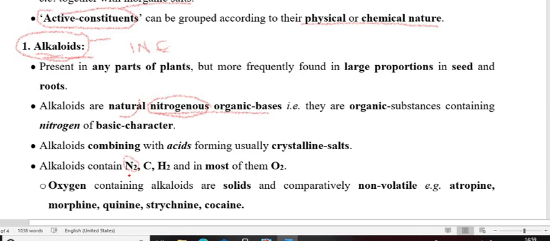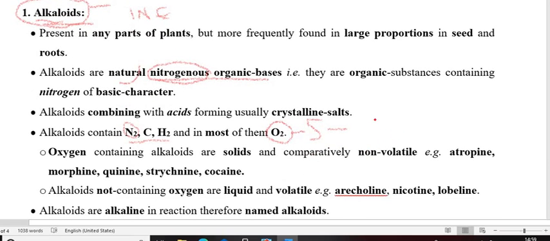Along with this nitrogen, carbon and hydrogen are also present, and one more important constituent in the alkaloid is oxygen. If oxygen is present in the alkaloid, it becomes solid in nature, a solid alkaloid. If the oxygen is absent, the same alkaloid becomes liquid. So you can say the alkaloid exists in two forms, solid and liquid, based upon the presence and absence of the oxygen.